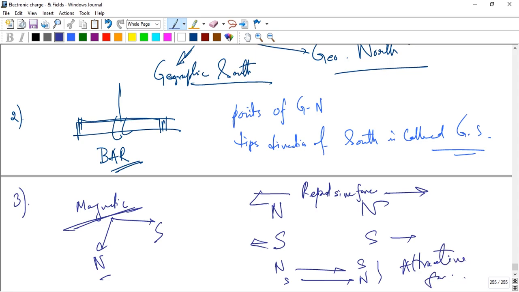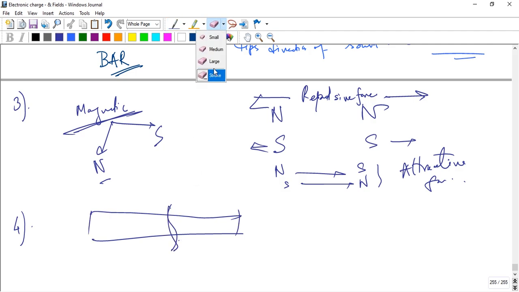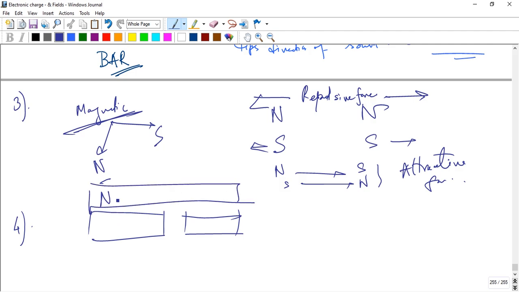If someone tries to break that magnet into two pieces, the question arises: is a magnet a monopole?